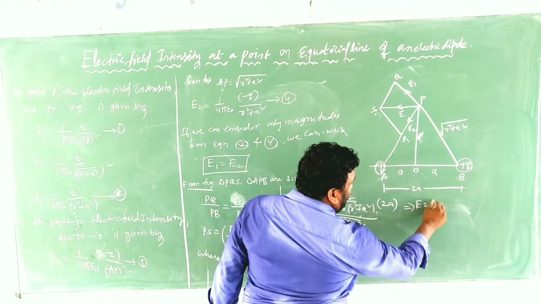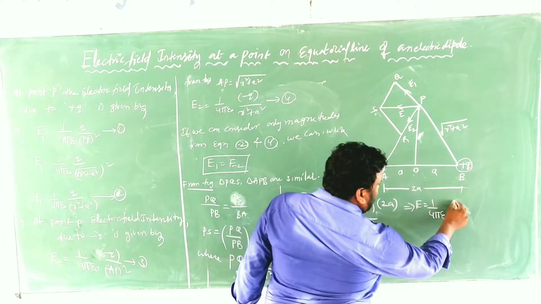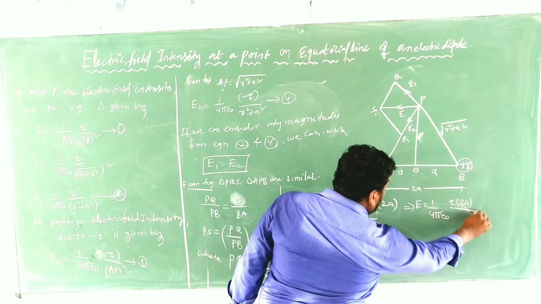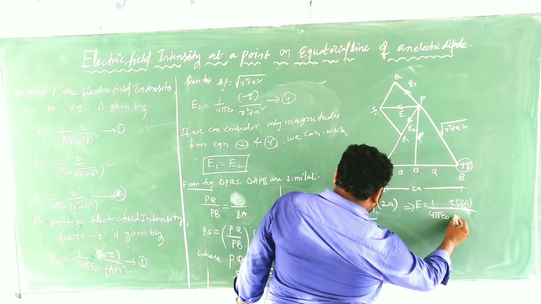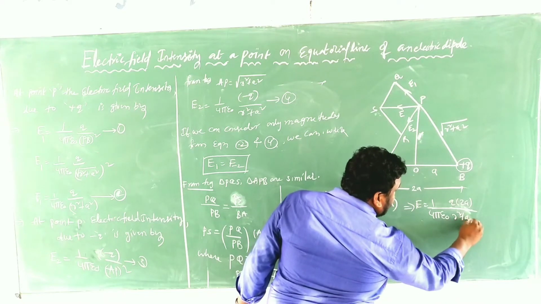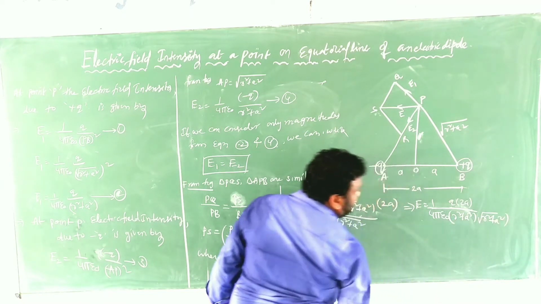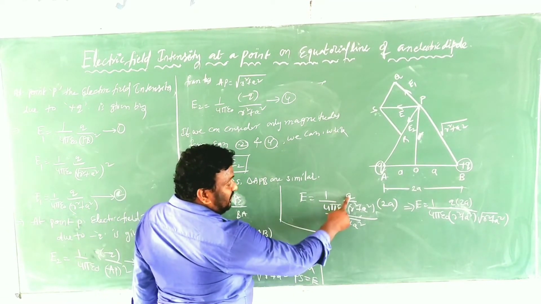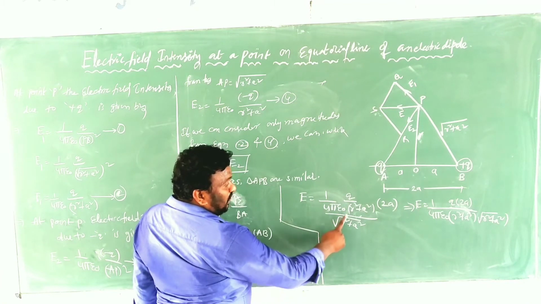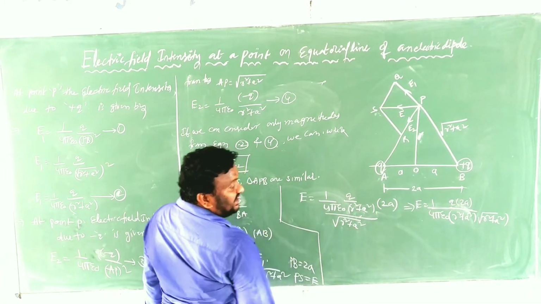From that, E is equal to 1 by 4 pi epsilon naught Q into 2A by R square plus A square into under root of R square plus A square. That is, E is equal to Q into 2A by 4 pi epsilon naught into R square plus A square into under root of R square plus A square.